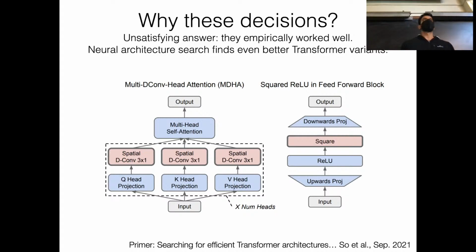So all this CO2 was expended, and finally we found that just squaring one of these layers is super critical. But no one would have found this before, right? It's not something that you would ever think to do. So it could be a massive benefit if it makes these models much easier to train.